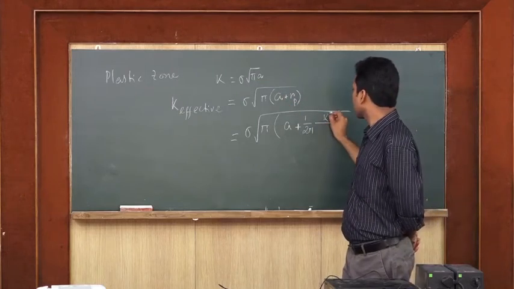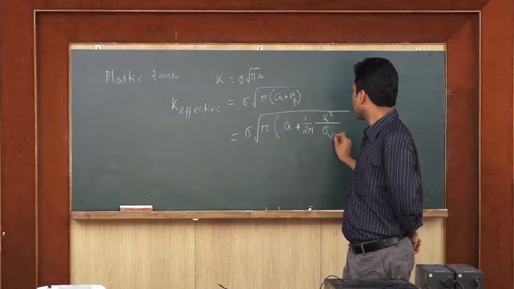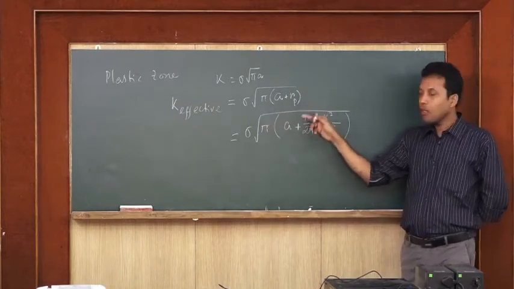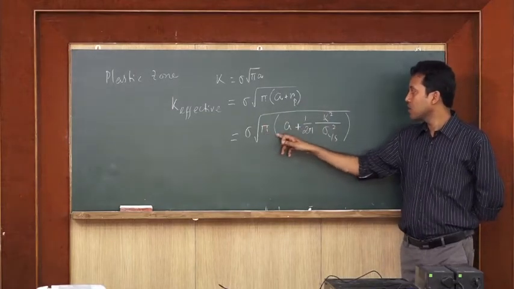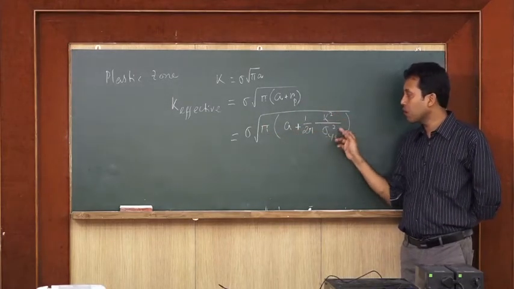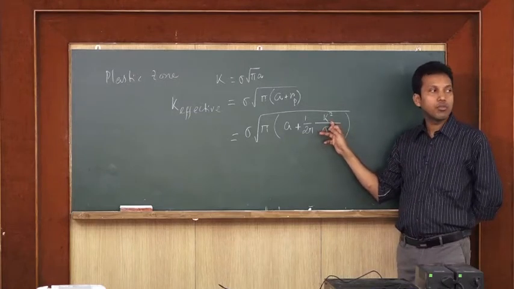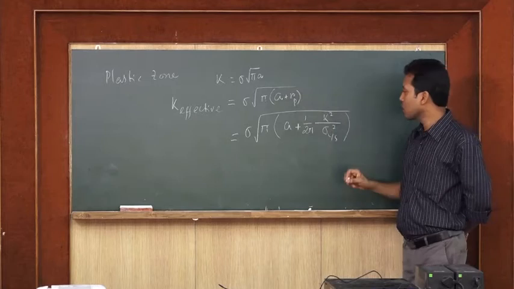I am writing it in two steps. Then sigma root pi into a plus this r_p term, where K has to be replaced with the actual K value.